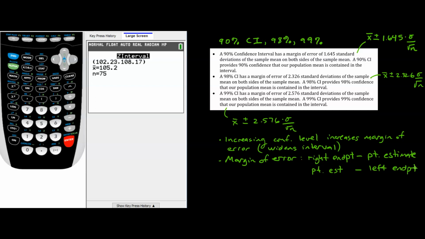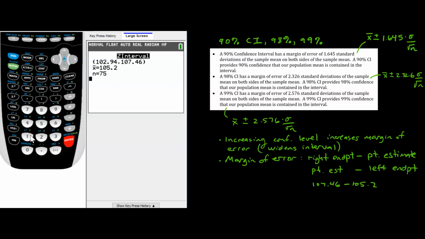And so in our example, if we just go back to the original interval that we had, so let me change this back just to go back to the basic one where we had the 95% confidence interval. So I'm going to change my confidence level back to 95%. Our margin of error in this would be 107.46 minus 105.2.